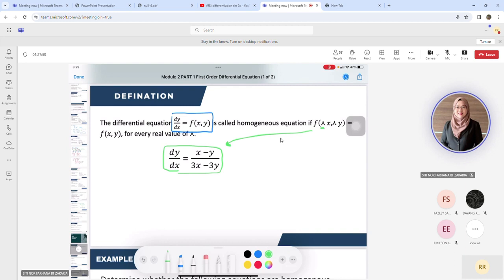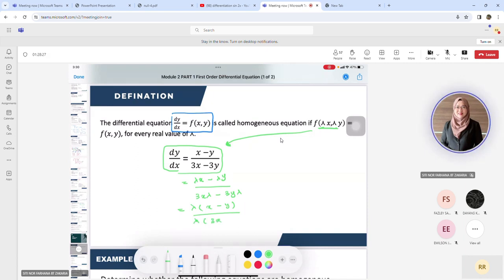For example, this one, we add lambda x and lambda y into this equation. So x here will change to lambda x, y here will change to lambda y. So this one, 3x lambda minus 3y lambda. So lambda here, we take out the lambda, simplify it. At the bottom we also take out lambda.